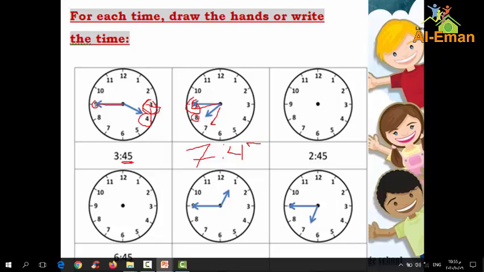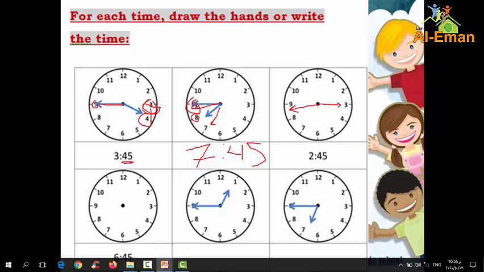That's great. The third one, I have 2 to 45, 2 hours and 45 minutes. Okay, draw 2 hands. Short hand points to 3. Good. And long hand points to what? Points to 9. That's great.